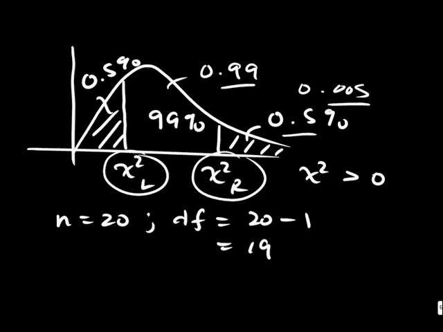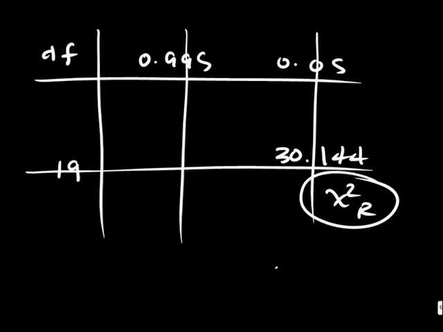So let's double check, see if we're okay here. Row 19 with 0.005 is 38.582. We made a mistake.